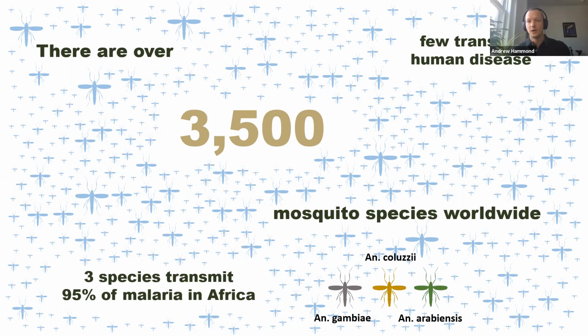But actually, I think it's worth putting in Anopheles funestus now. And we have these species complexes, the Anopheles gambiae species complex, which includes Anopheles coluzzii. We have the Anopheles arabiensis species complex, and we have the Anopheles funestus species complex. And those 3 together are responsible for the vast majority of malaria transmission worldwide.